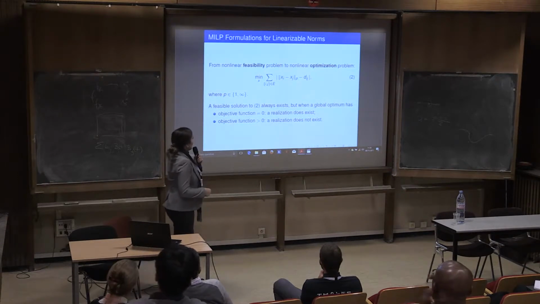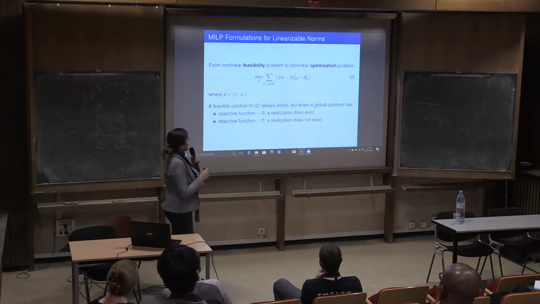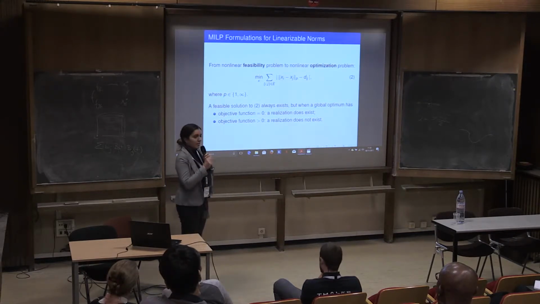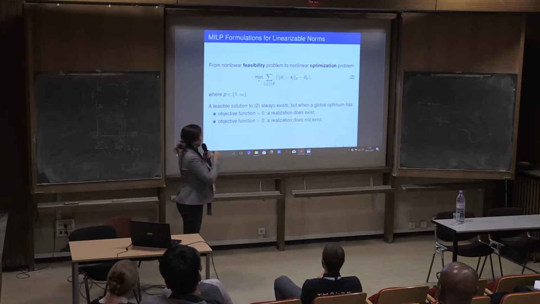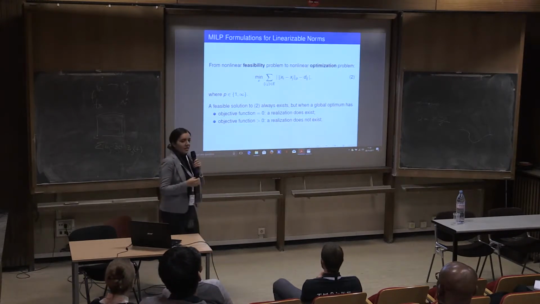In particular, I will transform it into a minimization problem in which we minimize the difference between the distance between xi and xj in the norm that we pick, minus dij.